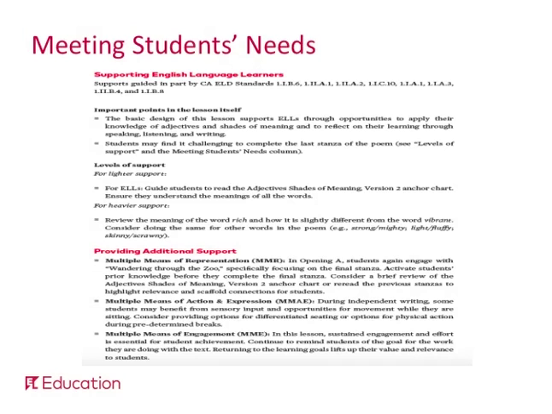EL education lesson plans include supports to help all students access the learning. The Supporting English Language Learners section at the beginning of each lesson names the important parts of the lesson, identifying where ELL students may struggle and suggesting options for lighter and heavier support.